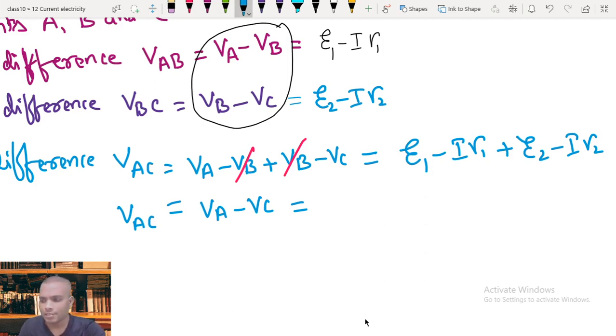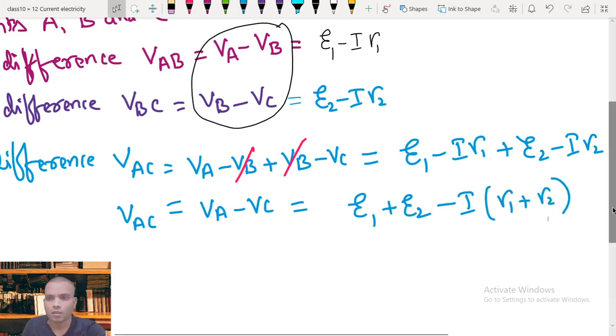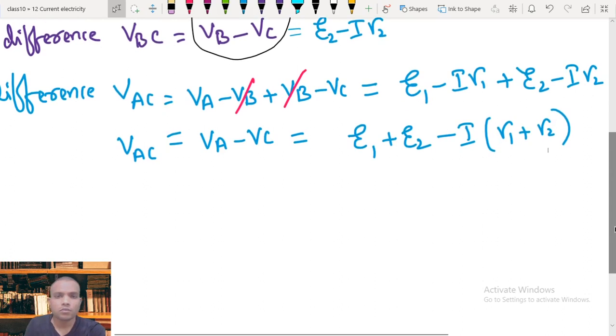So if I rewrite this expression, first I will write the EMF E1 plus E2 minus, if I take the common I, of R1 plus R2. Now, this is the potential difference across the two terminals A and C.